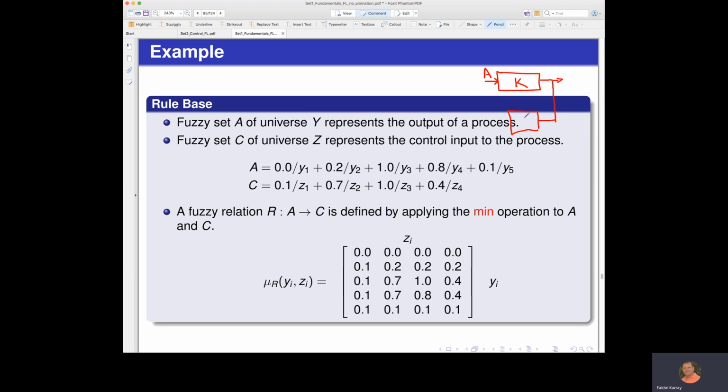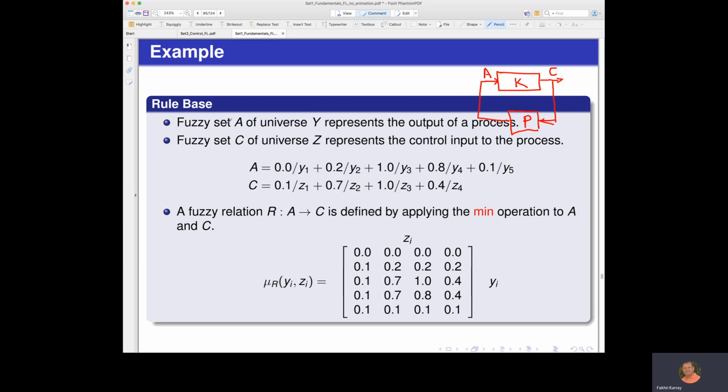The process P, as we discussed, has an output A and an input C. C is the output of K, and A is the input of the knowledge engine. However, C is also the input to the process, and A is the output of the process itself.